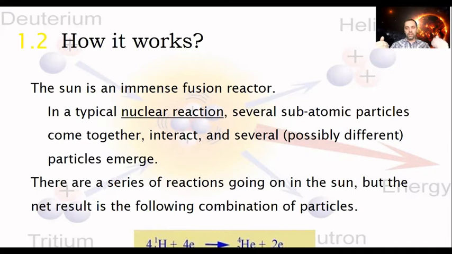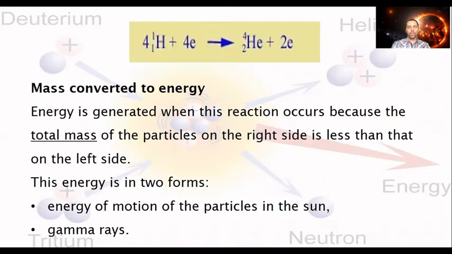As you see on the slide, in a typical nuclear reaction, several subatomic particles come together, interact, and several possibly different particles emerge. You can see the chemical equation. On the left side, on the input side, 4 protons and 4 electrons, basically 4 hydrogen atoms.